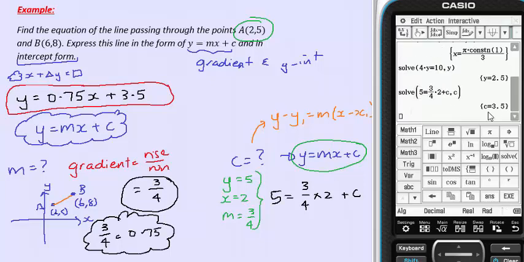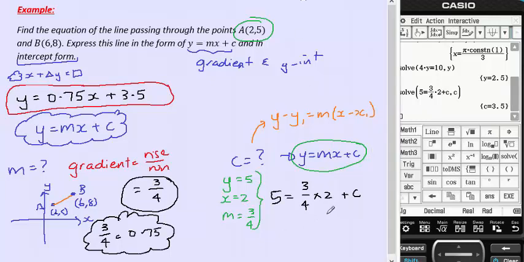And I press OK, and I find out that c equals 3.5. So what I'll do here is I'll show that I use my little solve, and that's how I show that, with a green arrow, and I'll say c equals 3.5. And there's my answer for c. So that means I know m equals 3/4 or 0.75 and c equals 3.5.